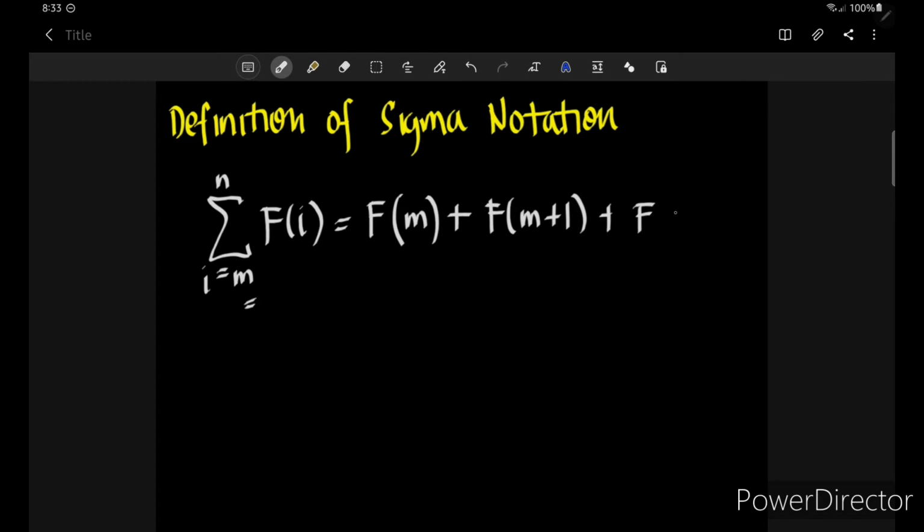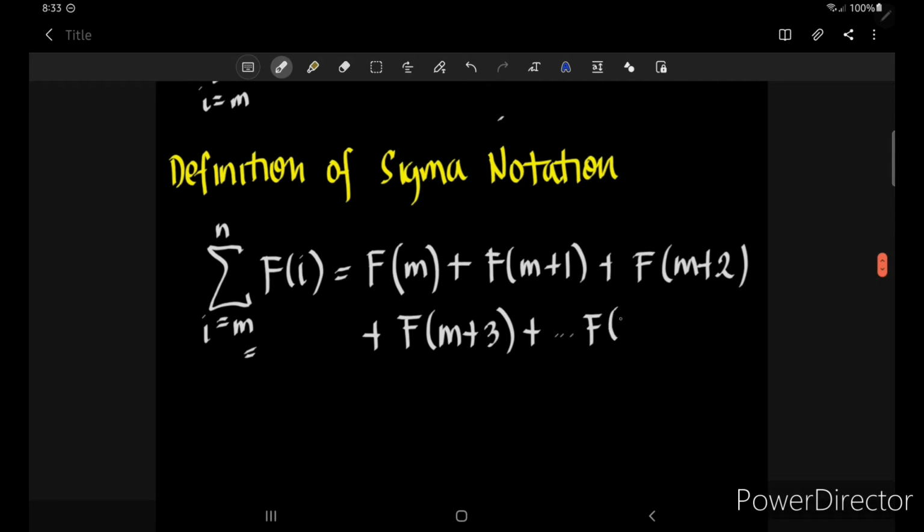We follow it with f of M plus 2 plus f of M plus 3 plus dot dot dot until we reach the end, let's say until the second to the last, f of n minus 1, up to f of n. F of n is the last term we need to add since n is the variable in the upper part of our sigma notation.